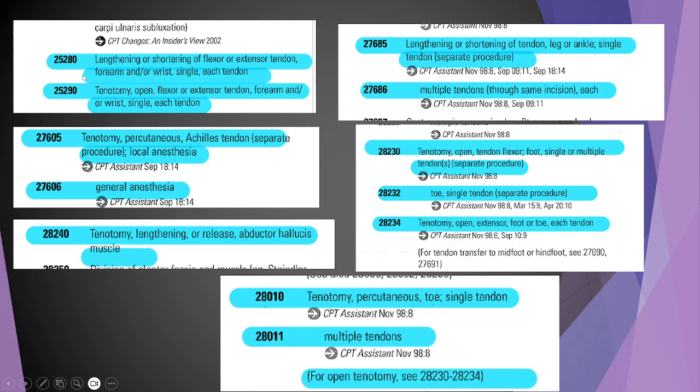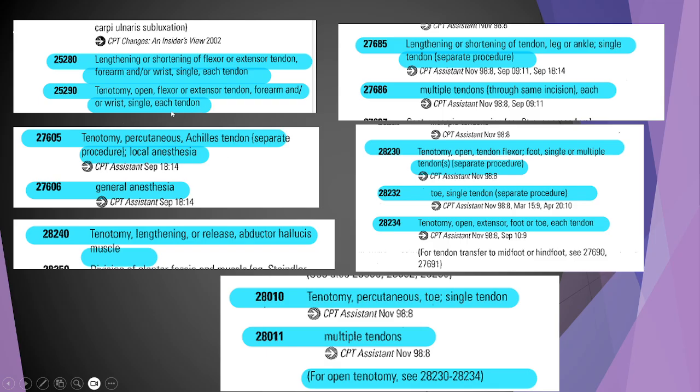Here you can see 25280, lengthening or shortening of the flexor or extensor tendon, forearm or wrist, single, each tendon. Here in 25290, that is tenotomy, open, flexor or extensor tendon, forearm and wrist, single, each tendon.